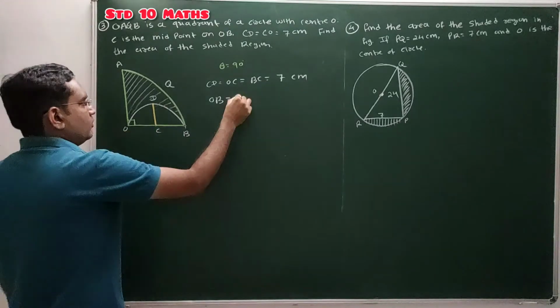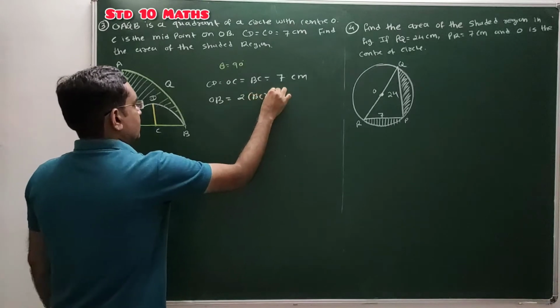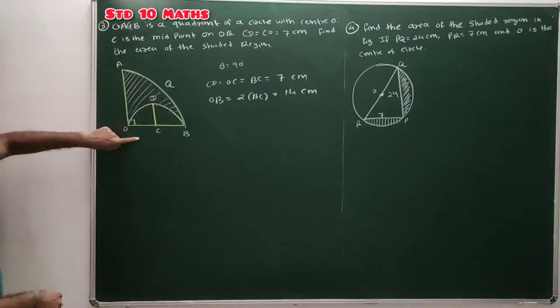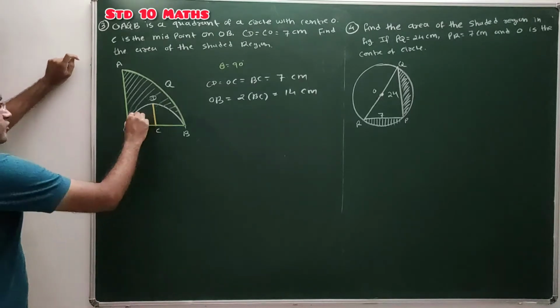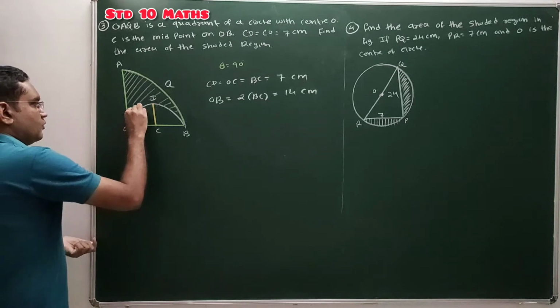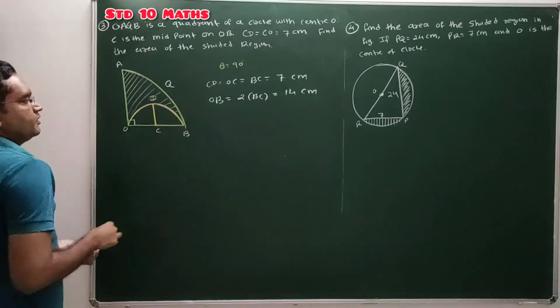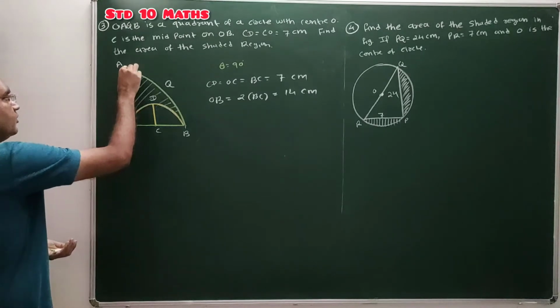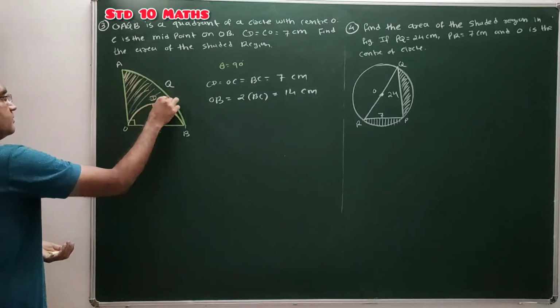So OB equals 14 centimeter. So radius of quadrant of circle is 14 centimeter, and radius of this inner circle is 7 centimeter. Find the area of shaded region.